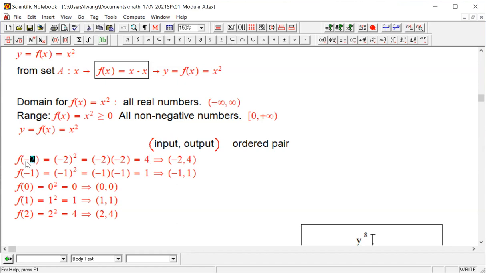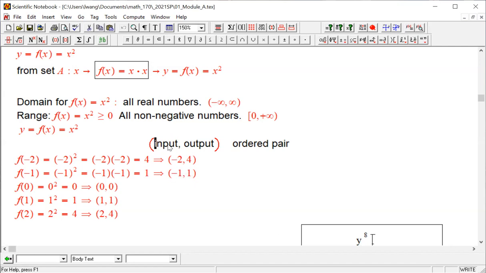By putting input and output together, input comma output, this is called an ordered pair. For -1 input, the output will be produced by applying the rule, -1 squared, which is -1 times -1, which is +1. So when input is -1, the output is 1.